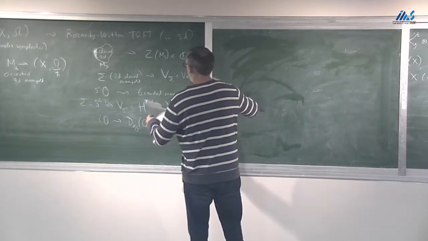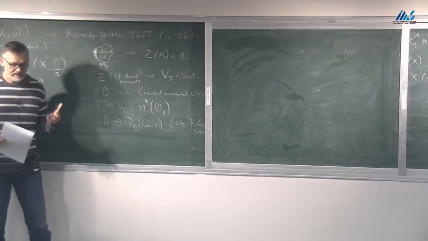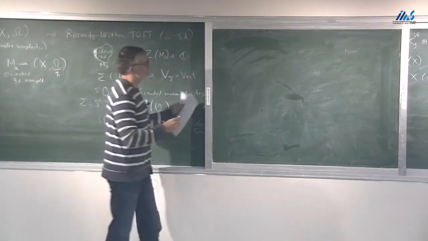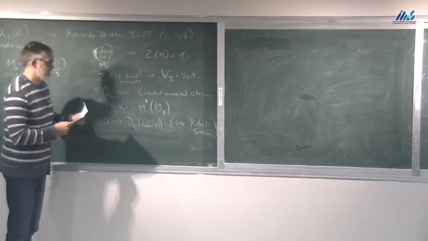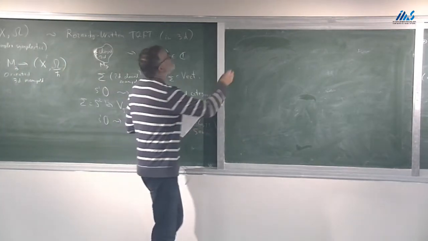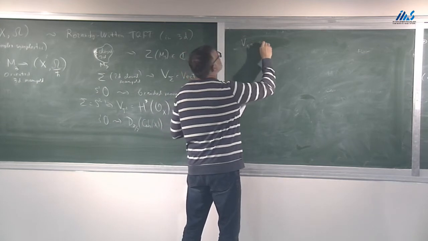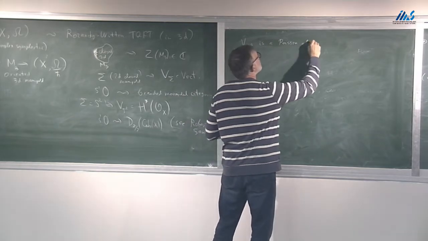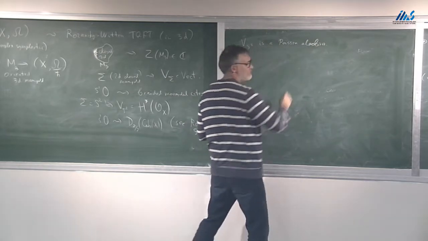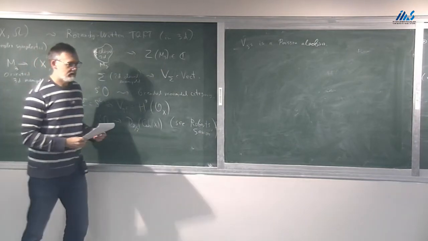As an algebra, this is just the usual commutative algebra structure. However, there's an additional operation on this algebra. It's really a Gerstenhaber algebra. Well, sorry, it's a Poisson bracket there. It's a Poisson algebra. So V over S2 in this case actually is a Poisson algebra, and that's true in any three-dimensional TQFT. By the way, there's always a Poisson bracket there.